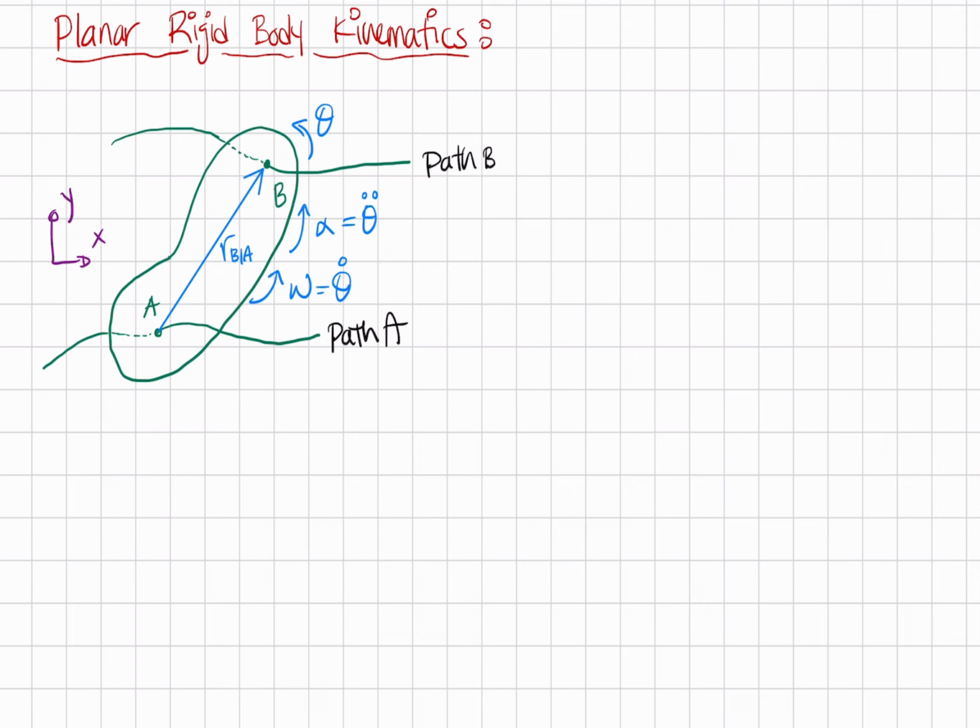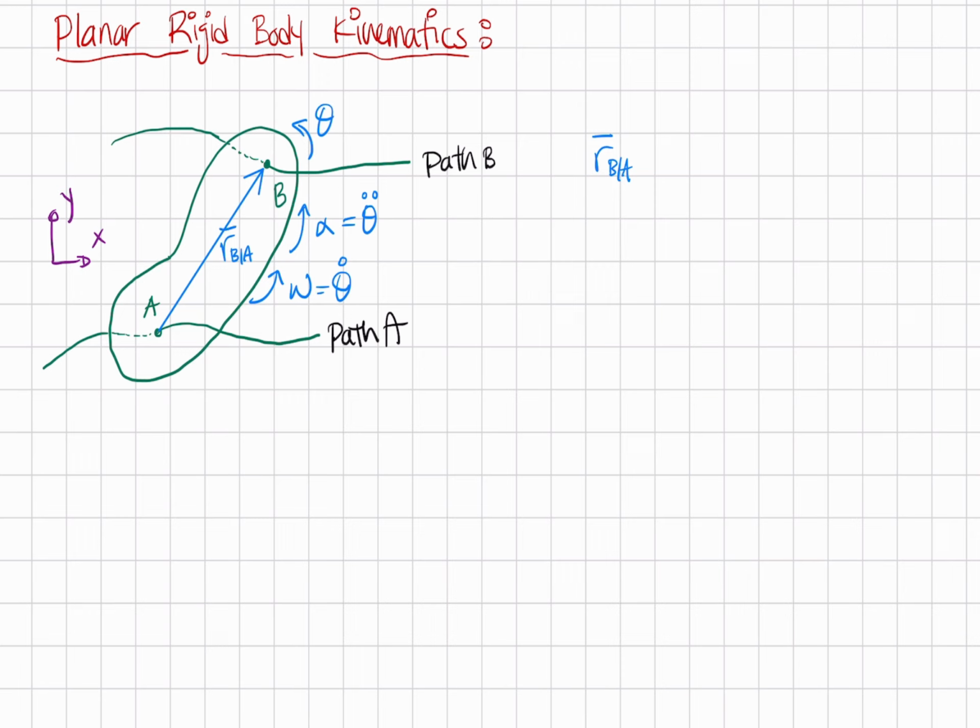So what I want to do now is describe the position of point B relative to point A, because this is really useful in tackling a whole class of problems. What I start off with is this positional vector R_BA. And this is a vector, so I'll put a bar over it.